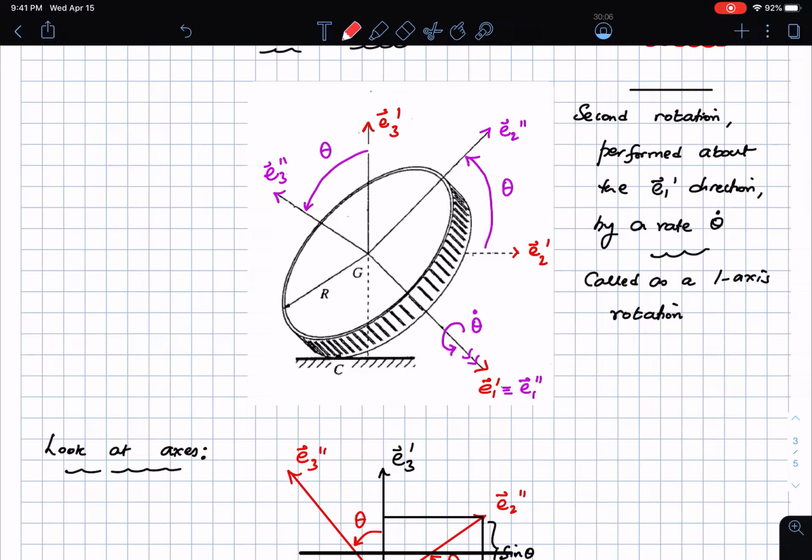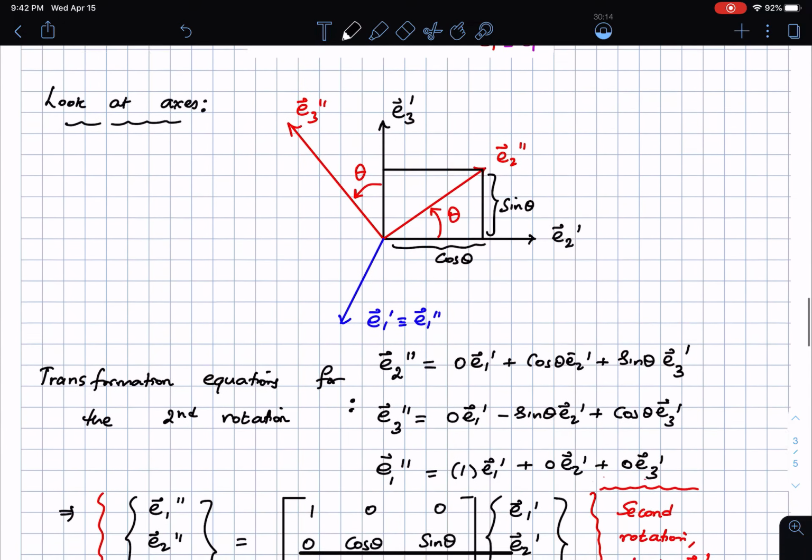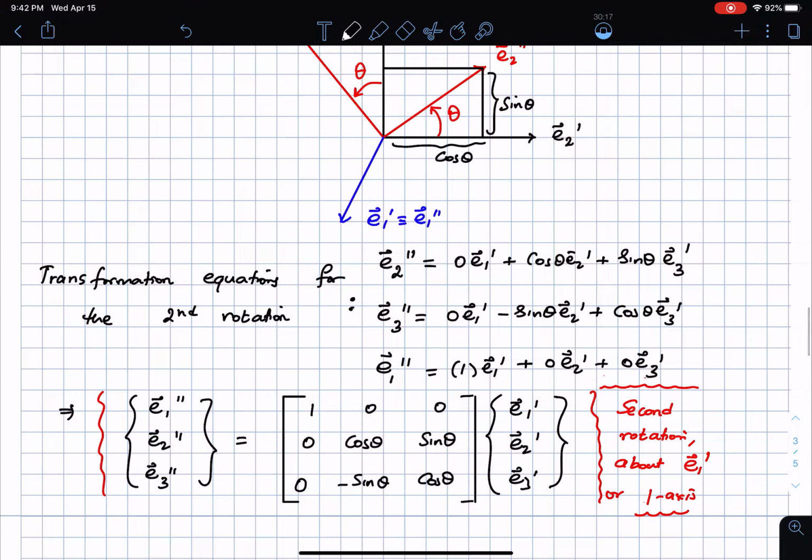And just as a note, E3 prime was the same as the EZ axis from before. All right, and then we said that these can be expressed in the matrix form in the following manner, which is exactly what we did here. I wrote E2 double prime first, and then E3 double prime, and then E1 double prime, and the matrix form is written this way.